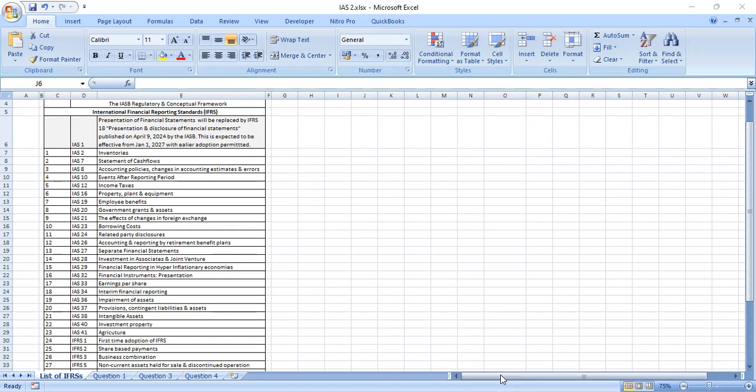Now, what is the net realizable value? The net realizable value is simply the selling price of the stock or inventory minus the selling expenses. So when you take out the selling expenses associated with selling the inventory from the selling price, you have the net realizable value.